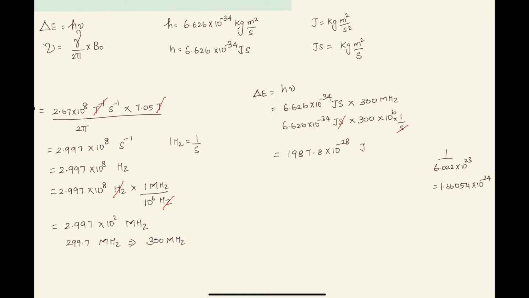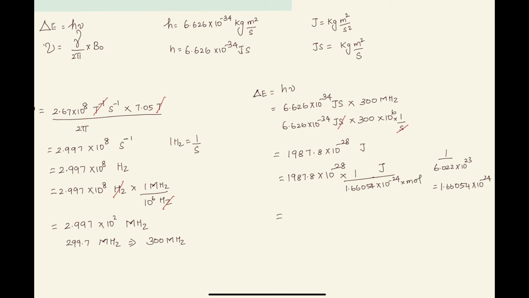So that's going to be equal to 1987.8 times 10 to the power of minus 28 divided by 1.66054 times 10 to the power of minus 24. And this is in joules per mole.